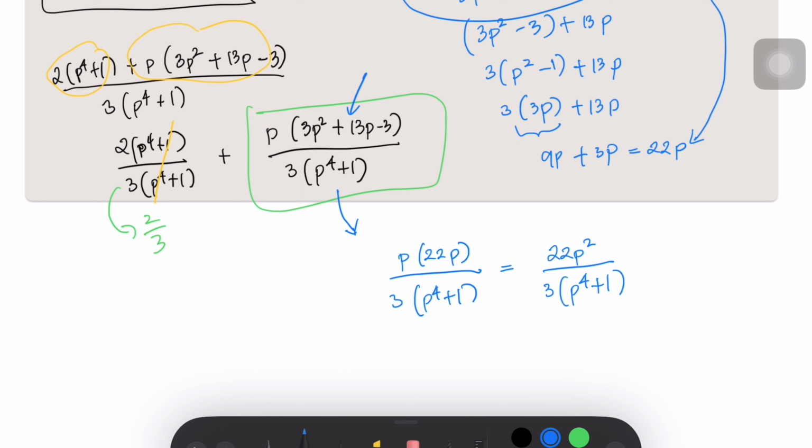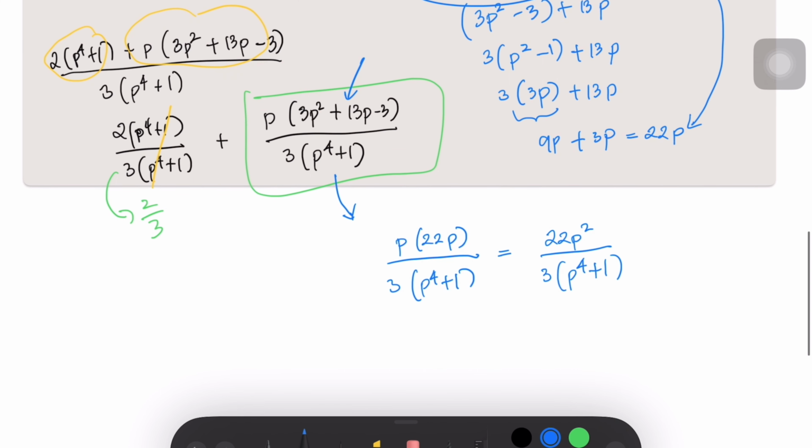We still are nowhere close to the answer we want, but we can do another trick here by dividing the numerator and denominator by p squared, which is equivalent to multiplying them by 1 over p squared. Let's factor out the 22 over 3 here, because that's a constant, just to simplify the whole term.